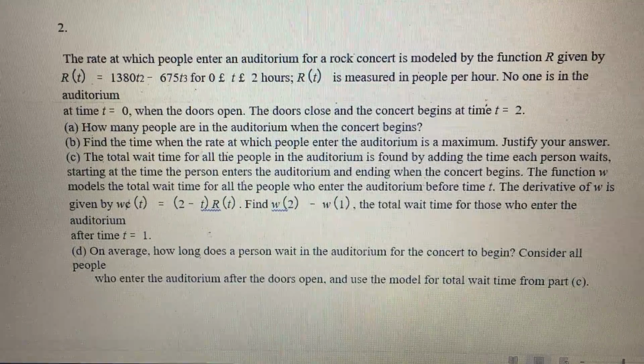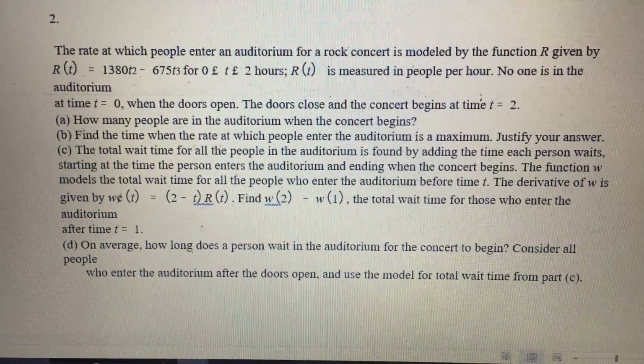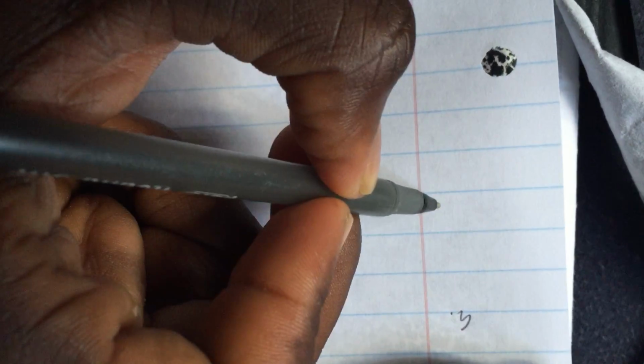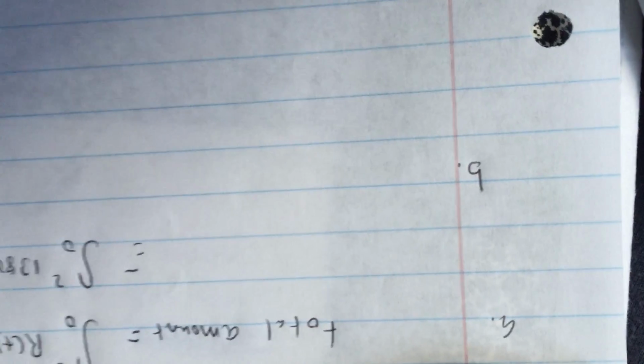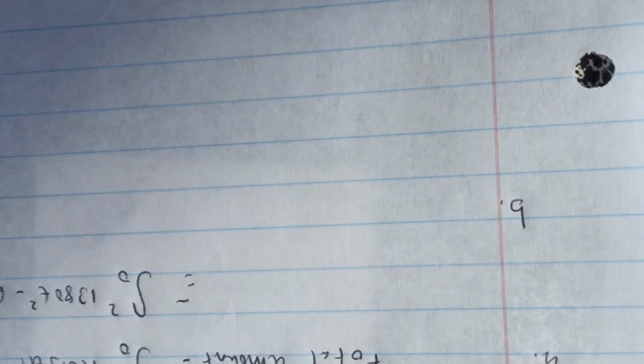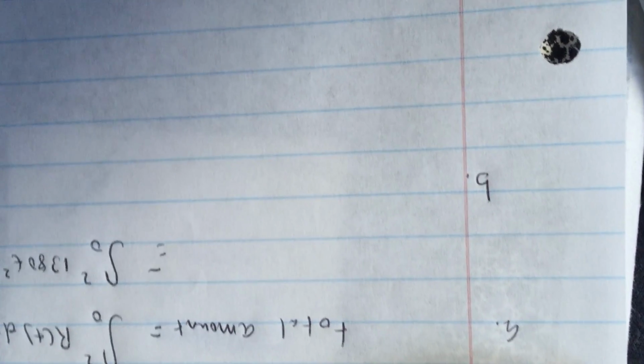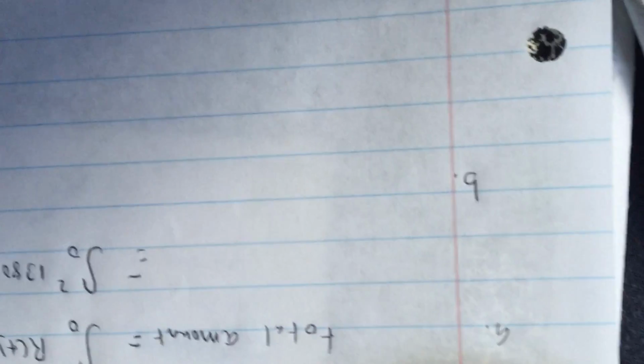Now, part B is find the time when the rate at which people enter the auditorium is a maximum. Justify your answer. To find a maximum, we first have to find the derivative of r of t, and then from there find the critical numbers. First, find the derivative.